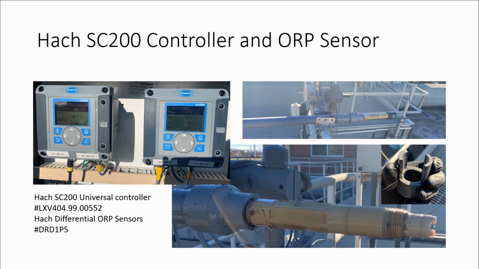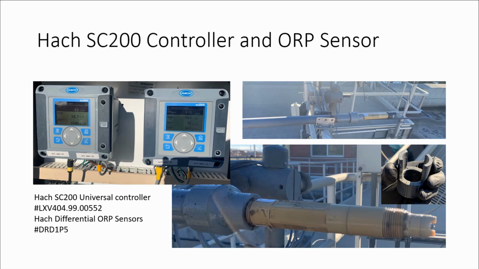So yeah, when I got the email from you, I happened to be up at the aeration basin. So these are actually the ORP probes that are at the aeration basin, not in our contact chamber. Essentially, they're exactly the same. But what you see here on the left is a SC200 Hawk controller, which is what we use with our Hawk probes. They're universal controllers.